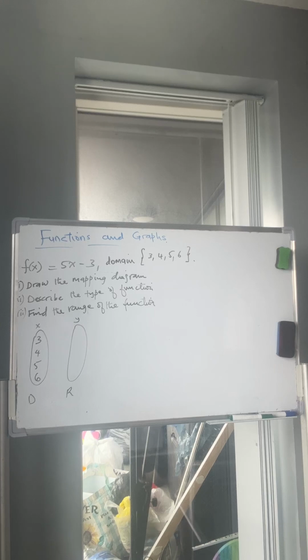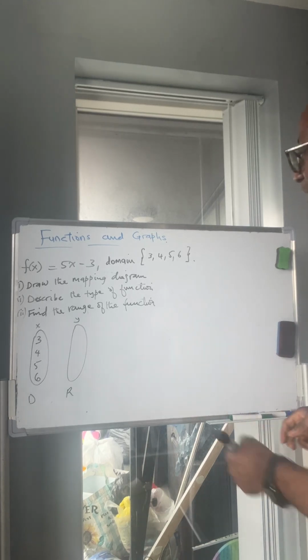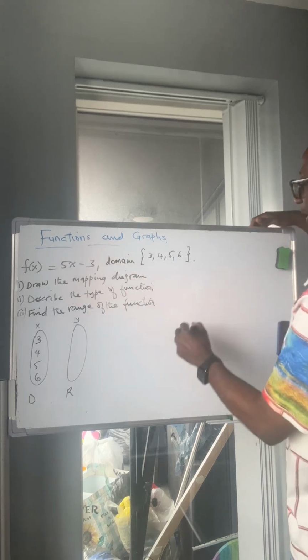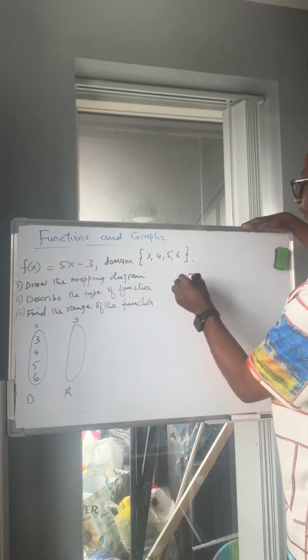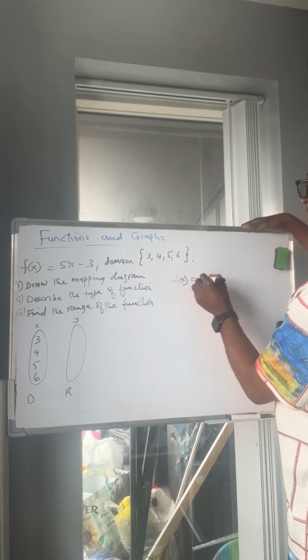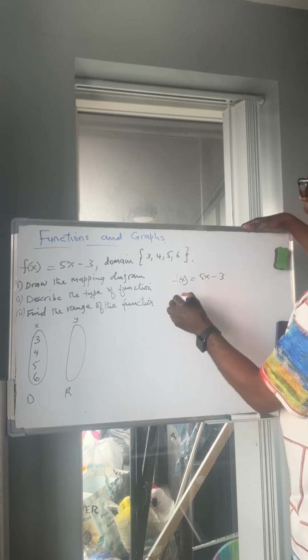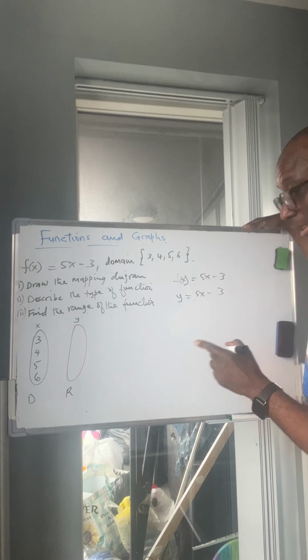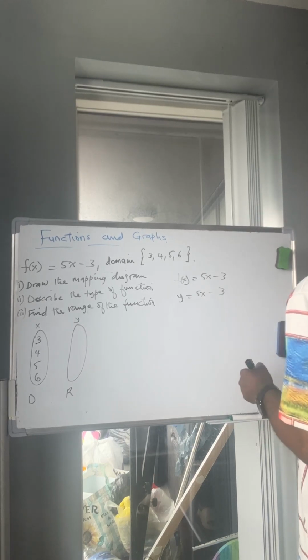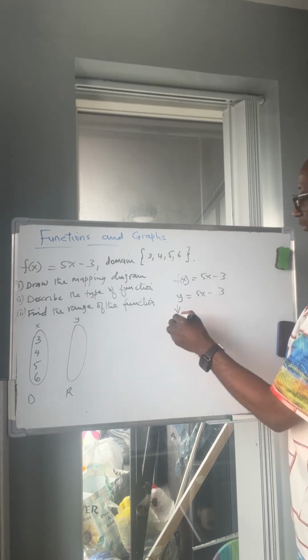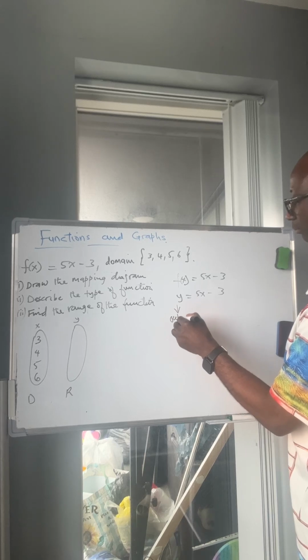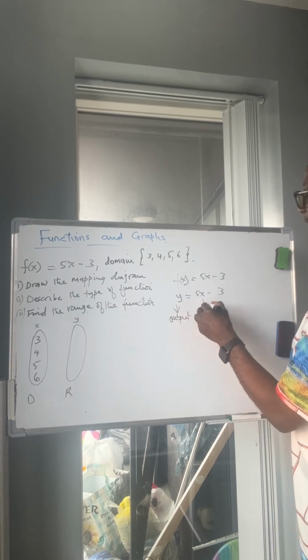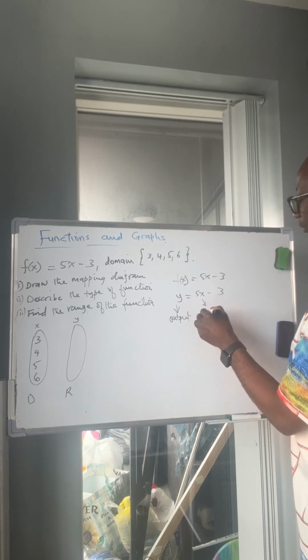So how do we calculate the range or the codomain? You have your function given as f of x equals 5x minus 3, or y equals 5x minus 3. As I explained earlier, this is your output, and this one here is your input.